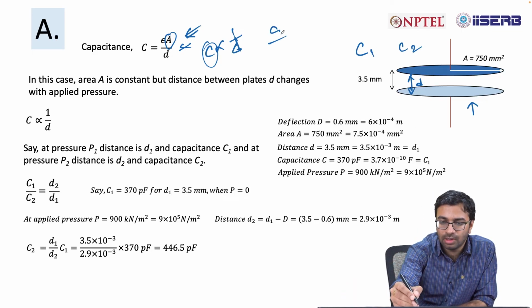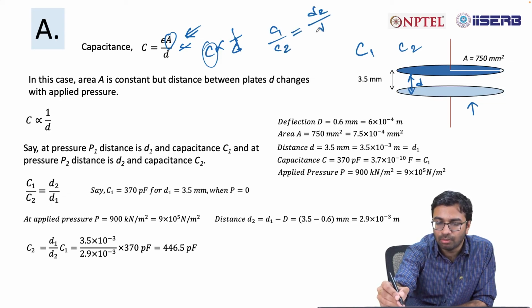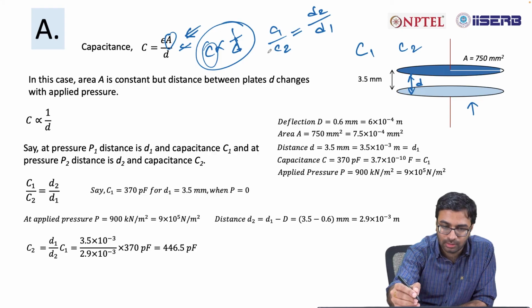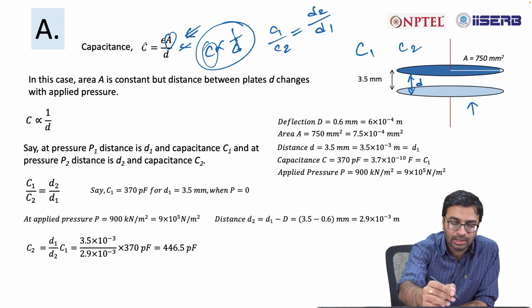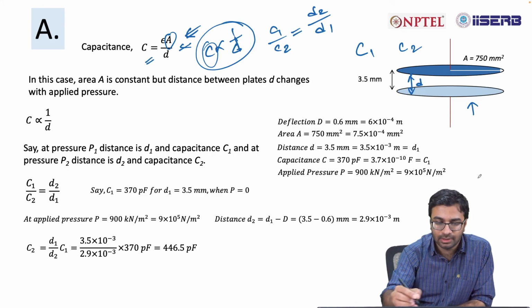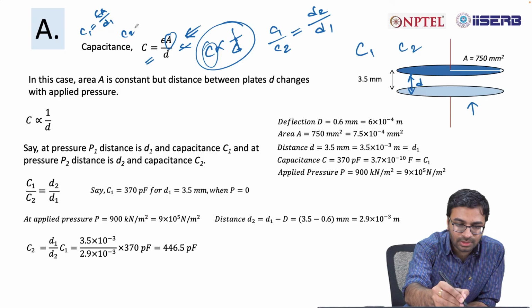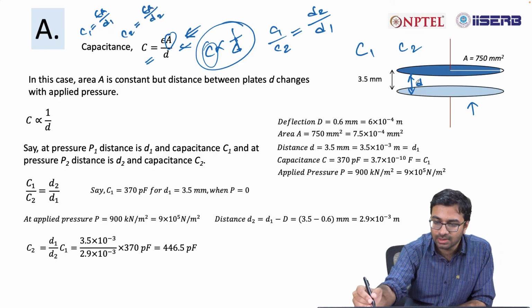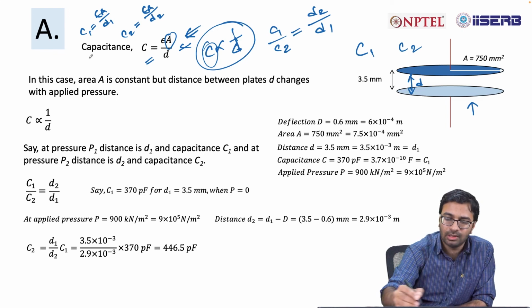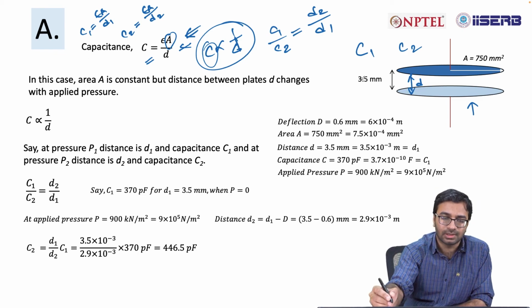Now, the ratio C1 by C2 will be equal to D2 by D1 because it is inversely proportionate. So, you can write C1 is equal to epsilon A by D1, C2 is equal to epsilon A by D2. So, D1 is the distance when capacitance is C1, D2 is the distance when capacitance is C2.